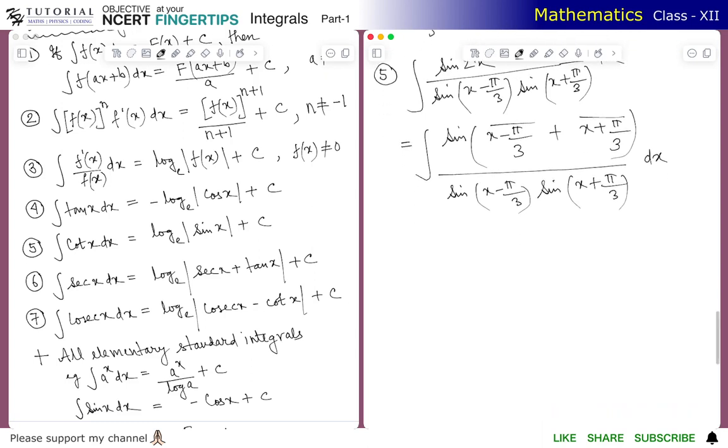So now, we have in the numerator sin(A+B) form.